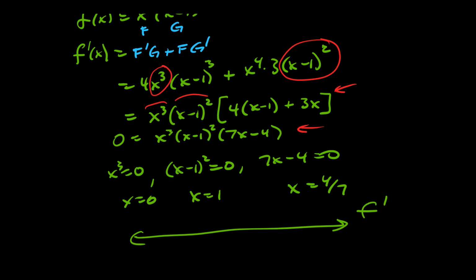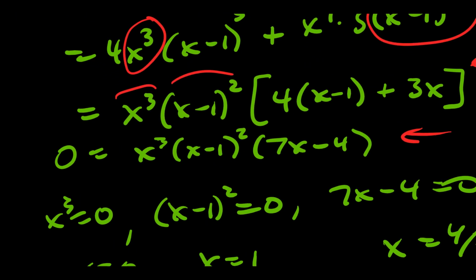Now if you notice the x cubed, let's look at the degrees of these. This one is an odd degree, this one is an even degree, and then the last one is an odd degree, because that's degree 1.